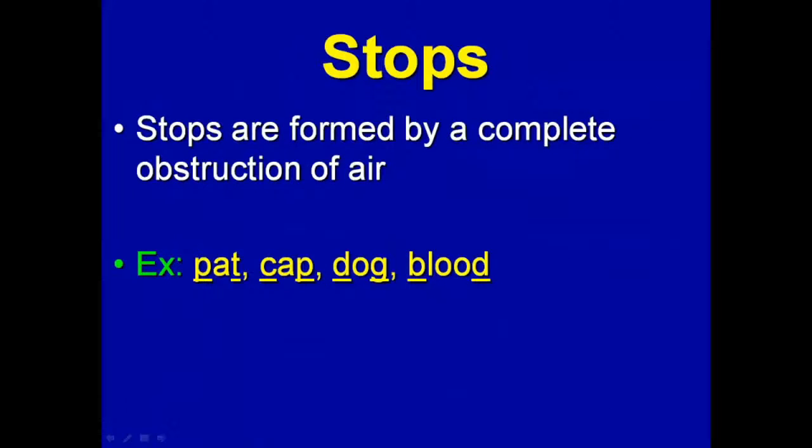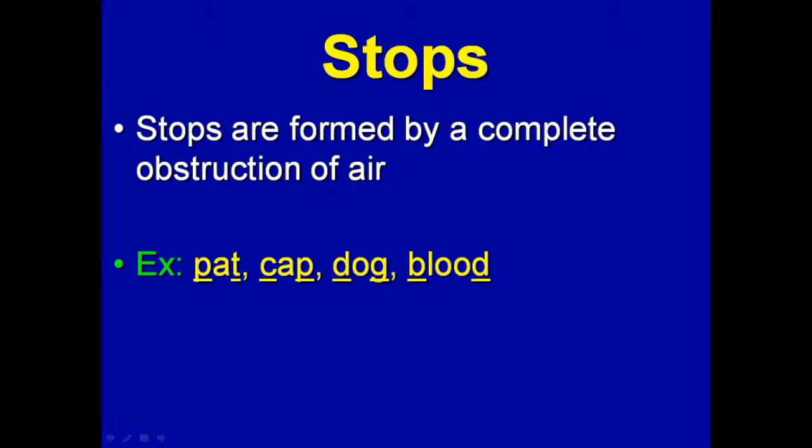Okay, now we can talk about the other criterion that we introduced, number 2, which is manner of articulation. Now let's talk about different manners. The first one is what we call a stop sound, or stops in the plural. Stops are formed by a complete obstruction of air.